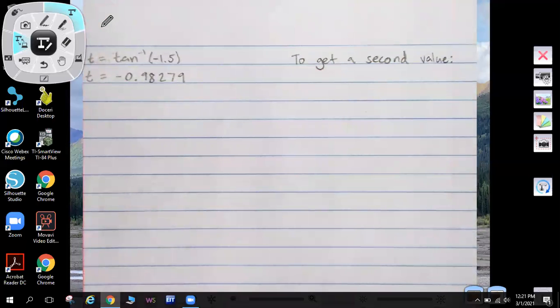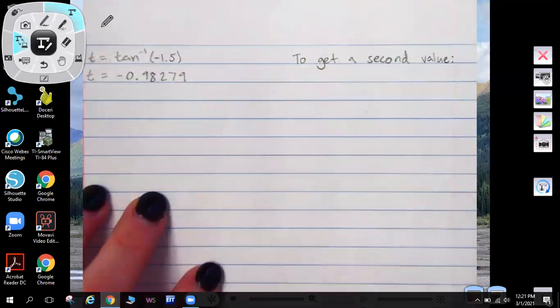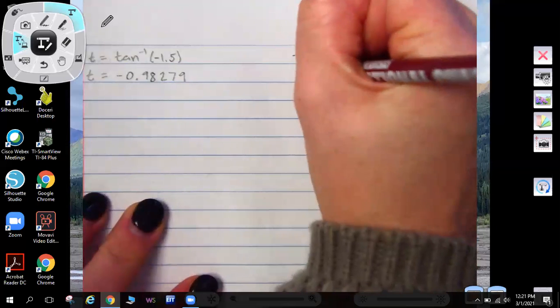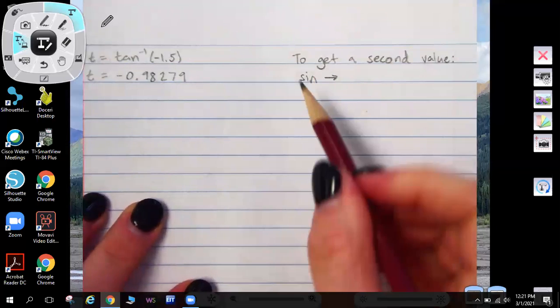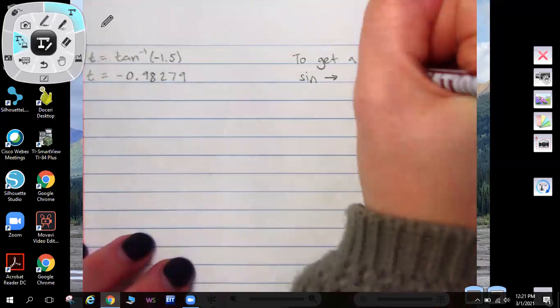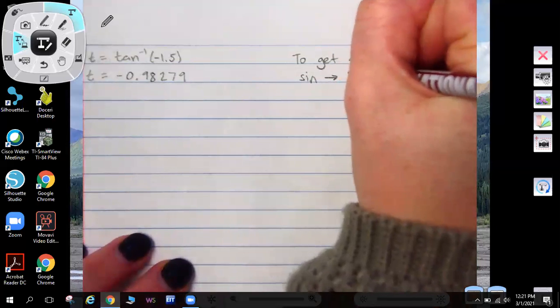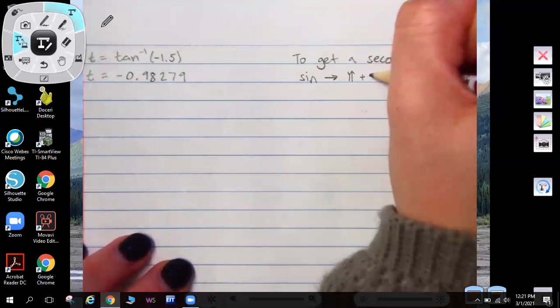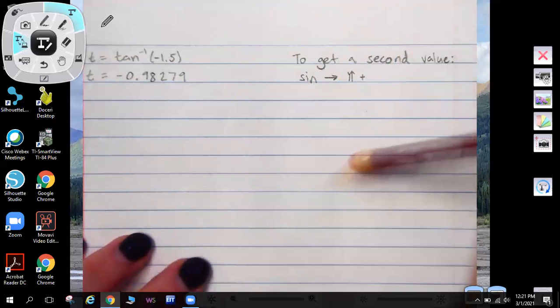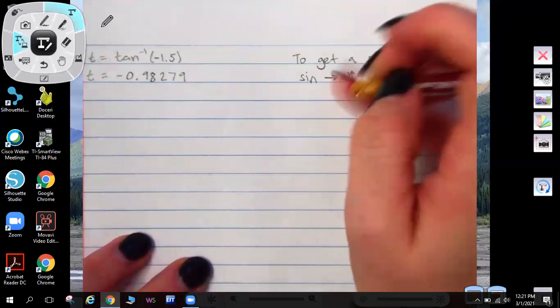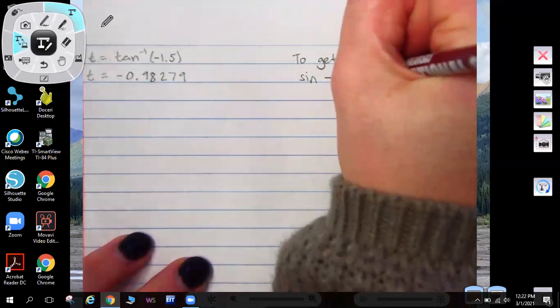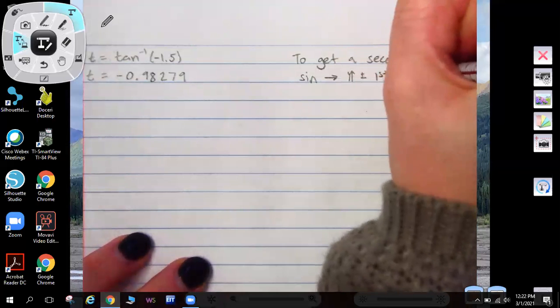But to get the second value, this step is going to be different depending on which trig function you're using. So if we have a function that's using sine, then we're going to do pi plus or minus the first value.